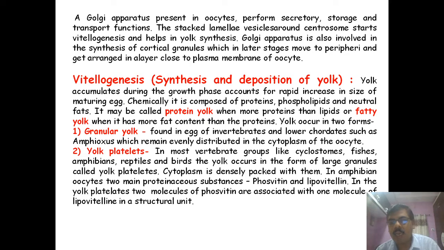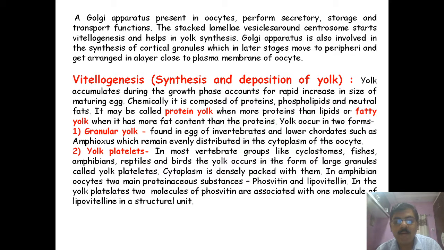The granular yolk is found in eggs of invertebrates and lower chordates such as amphioxus or tunicates, where it remains evenly distributed in the cytoplasm of the oocyte.